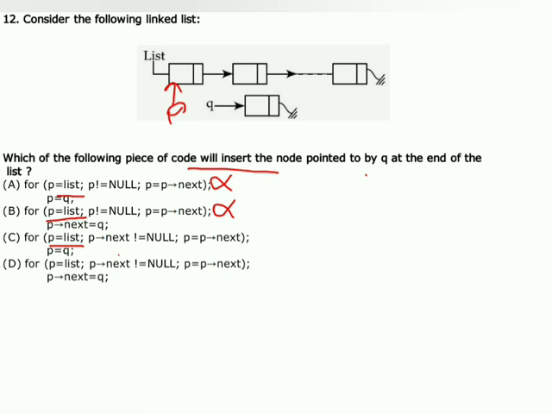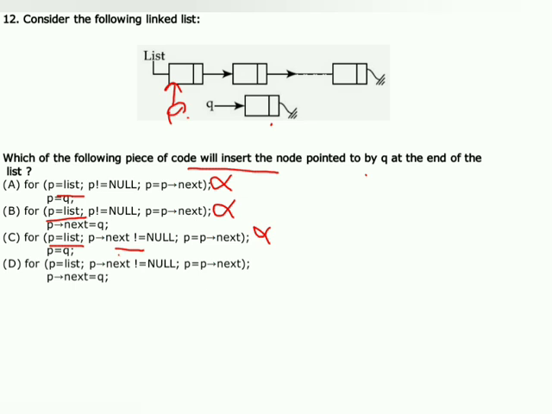So if this condition holds, we will move to the next node in the list and assign P equals to Q. So P equals to Q means the pointer P will move to Q here. So it is also not applicable. We have to insert the node Q into the list here. So this option is not satisfiable.